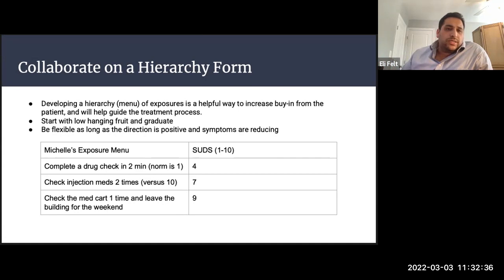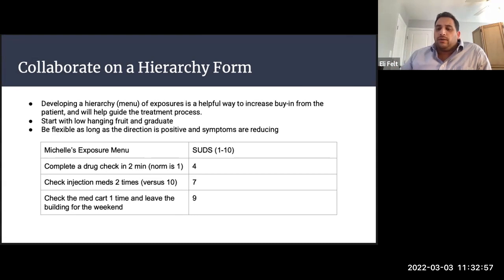So here was an example of Michelle's exposure menu. She would like to complete a drug check in 2 minutes. The norm is 1 minute. She's taking 5. So if she does it in 2 minutes, then that will give her a subscore of 4. Let's say doing it in 1 minute would be even harder, right? That would be a 7 or an 8, whatever it is. Injection medications are really hard for her.